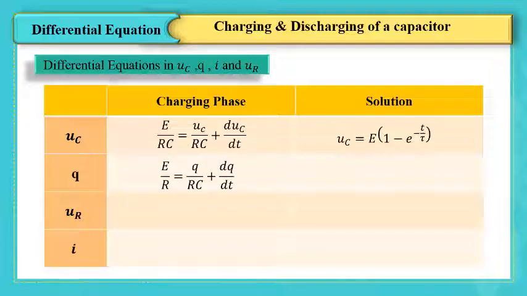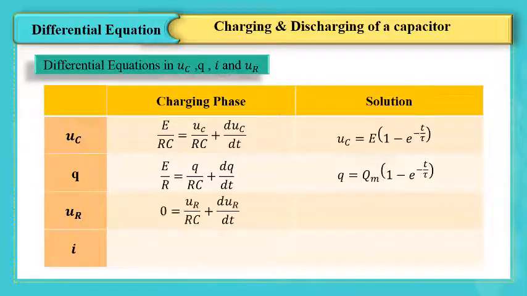For Q, the differential equation is E over R equal Q over RC plus dQ over dt, and its solution is Q equal Qm multiplied by 1 minus exponential minus t over tau.